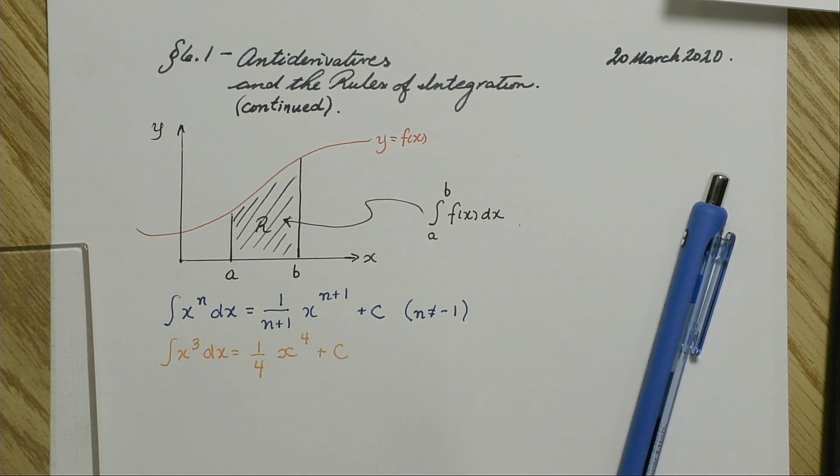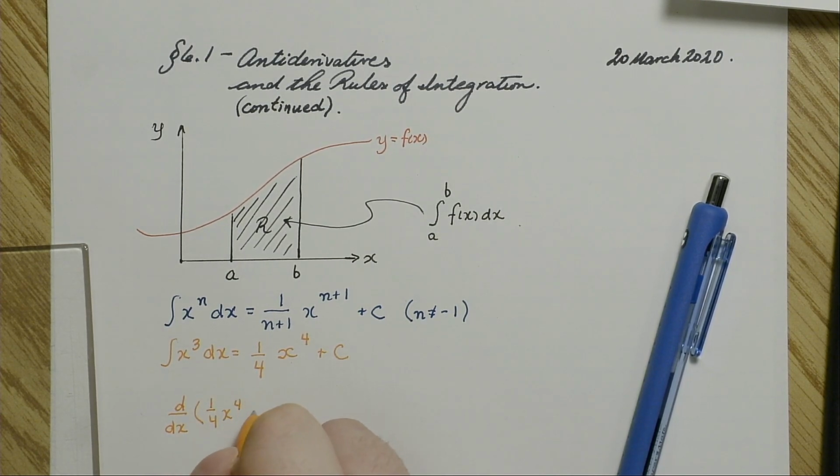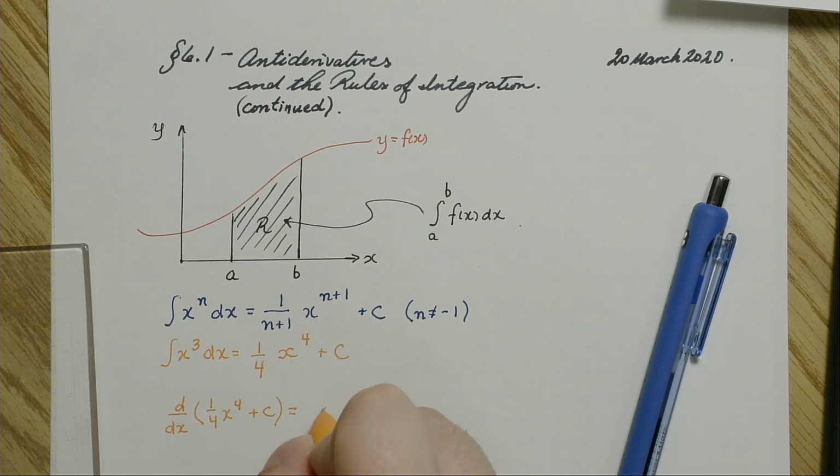Just to make sure, when you are doing this, you can double check by taking the derivative of that. So the derivative of 1/4 x to the 4th plus c is equal to, it goes down a degree, so x cubed, and the 4 comes down.